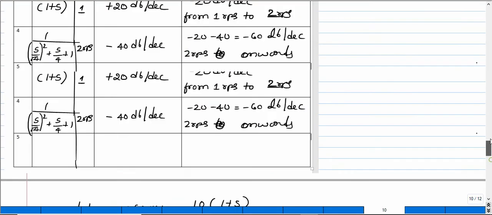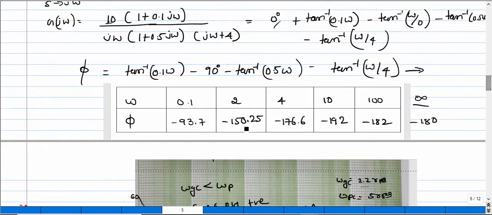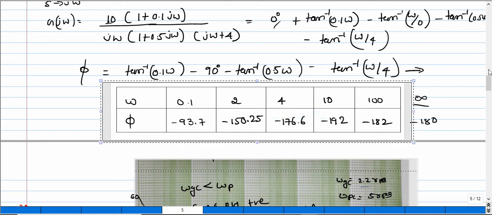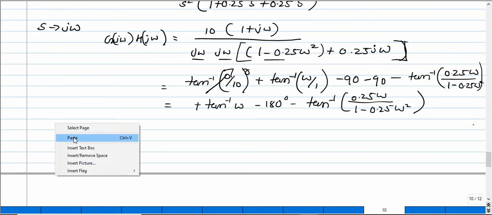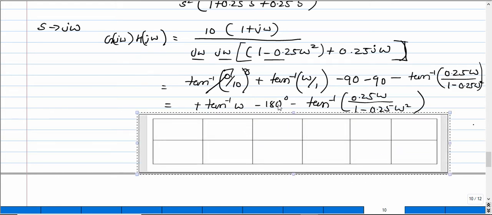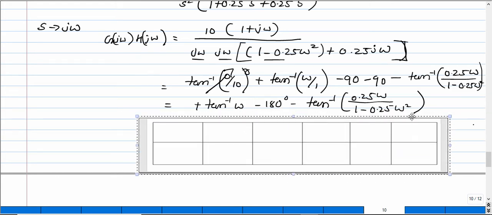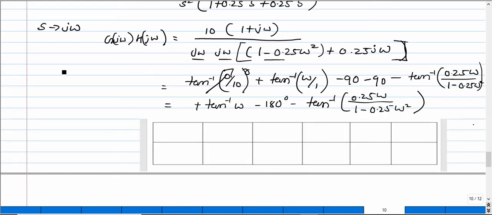So let me take the table. Using this table we shall identify the angle. As I keep on telling, we need to substitute the value of omega and find the angle.